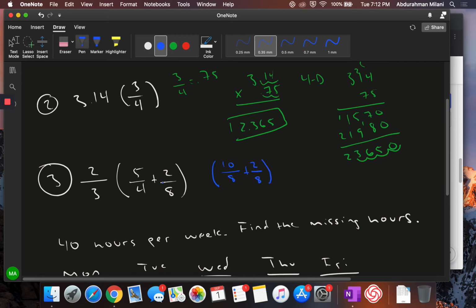We can either do that, or we can reduce that down to 1 over 4. But when we add this, we get 12 over 8. And once we reduce that down, it becomes 6 over 4. And we can still reduce that down. That becomes 3 over 2.